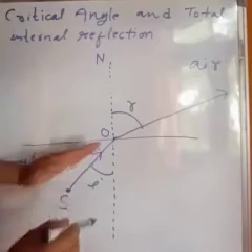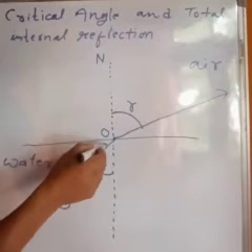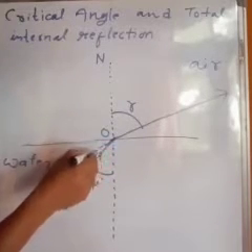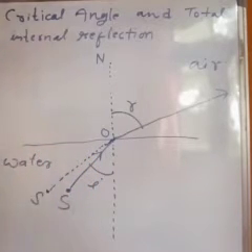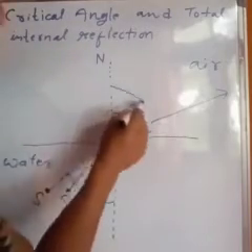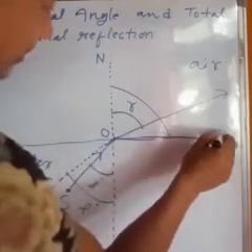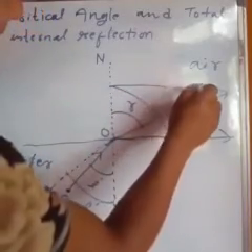Now when you increase and increase, finally this angle makes 90 degrees. Or if you change the source of light on this point, the angle of incidence is increased, then the angle of refraction also increases, and it goes along the surface, where this angle will be 90 degrees.